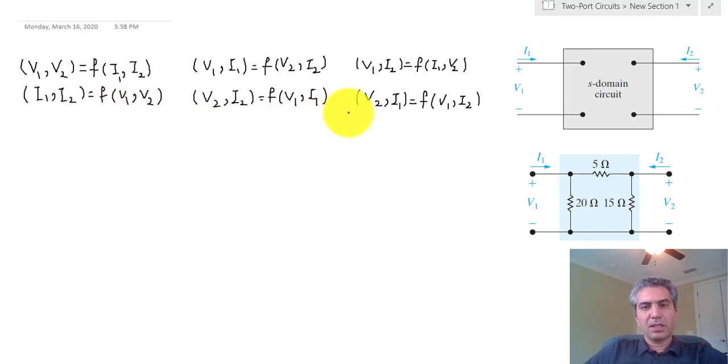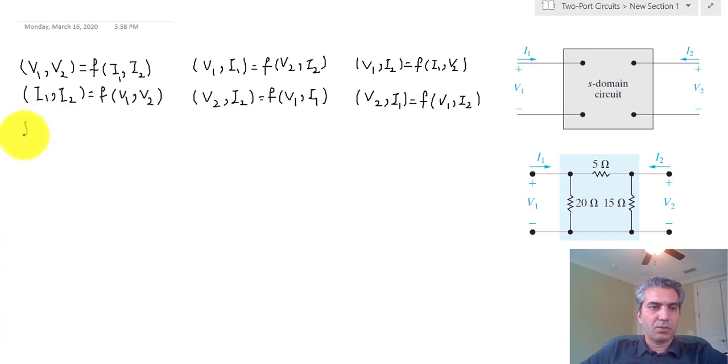And some of these relationships are more commonly used than the others. So the first two written here, V1 and V2 as a function of I1 and I2, and I1 and I2 as a function of V1 and V2, are the most common ones used. Like I said, because we are dealing with linear circuits, this function would be a linear function. So let's take this first one and expand it.